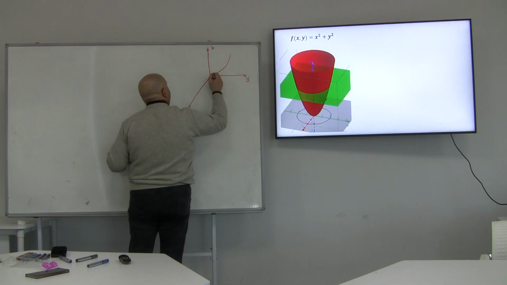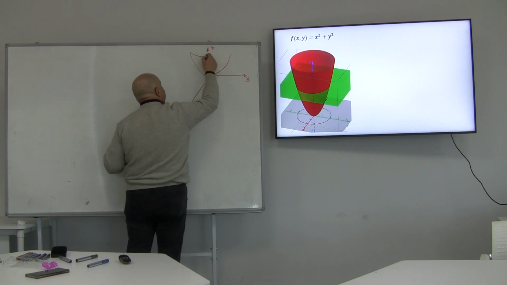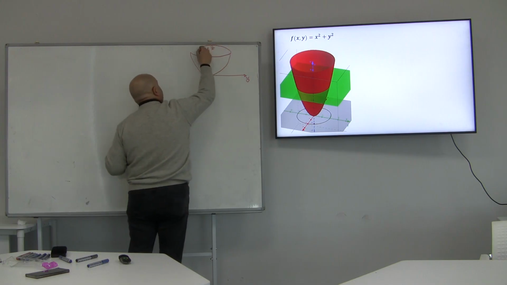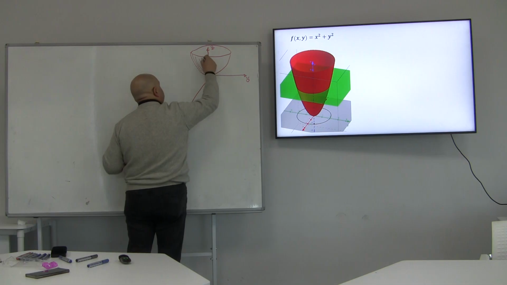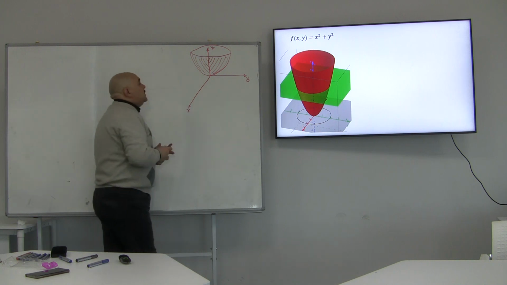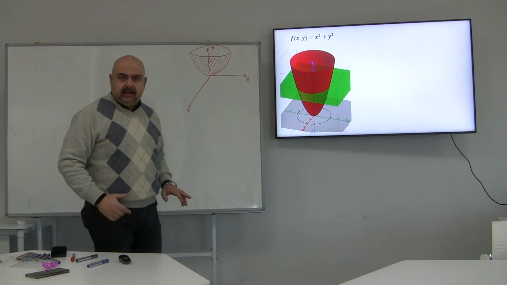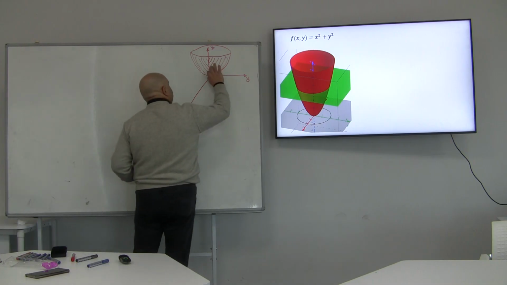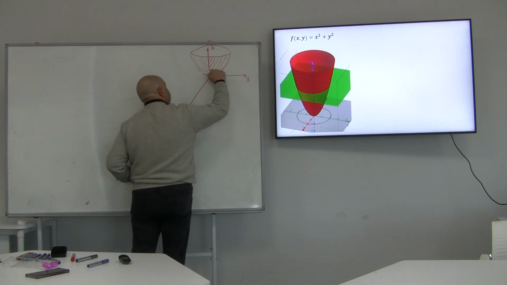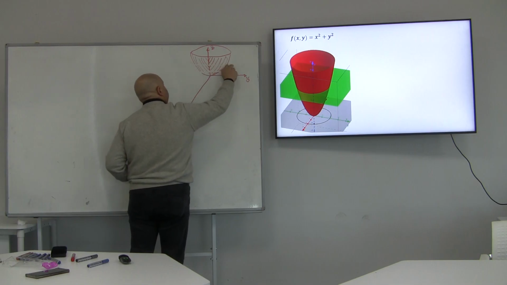We are talking about a parabola in this shape, and it's going to be revolved about the z axis. So this is the shape that we are talking about, as you can see. If I slice this shape at z equal to 1, I will make a cut. At z equal to 2 or k, I will make another cut.